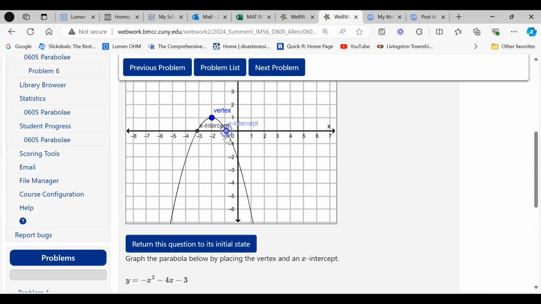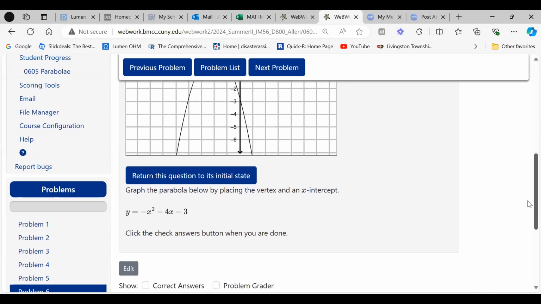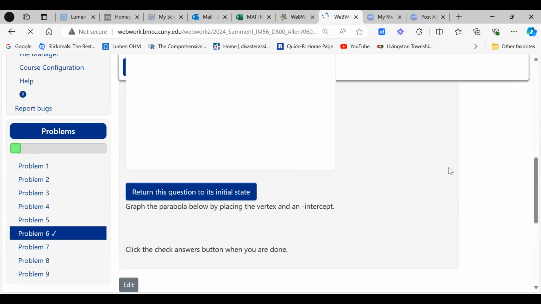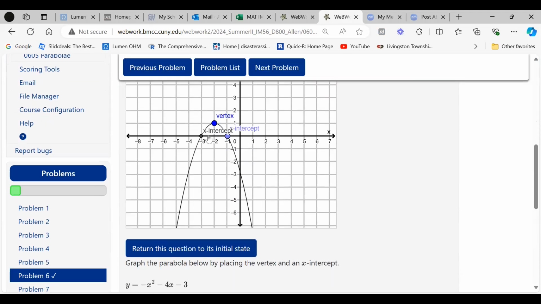So it's here. We get that it opens downward and the vertex is the highest point. In this case, it's the maximum. Then we can submit it and see what happens. Yeah, it's all good. Okay, so that's the correct one. Any questions about this?